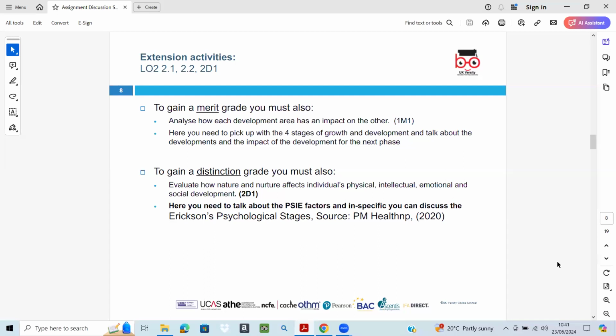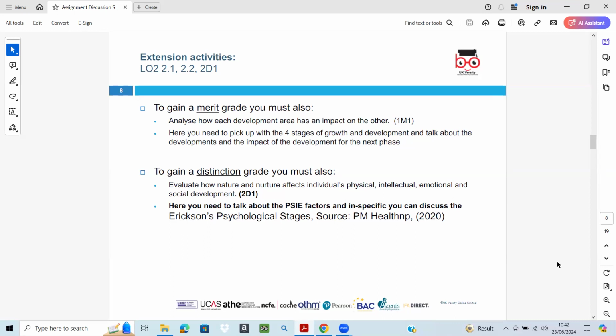Then for the distinction grade, you must also evaluate how nature and nurture affect individual physical development. Okay, so this activity involves evaluating how nature and nurture shape physical, intellectual, emotional, and social development.